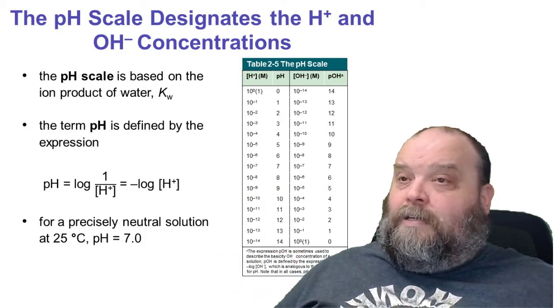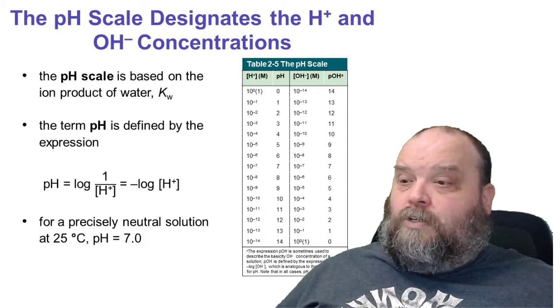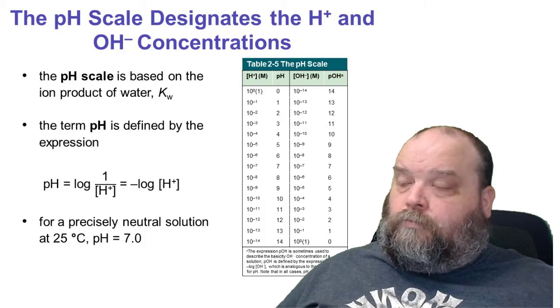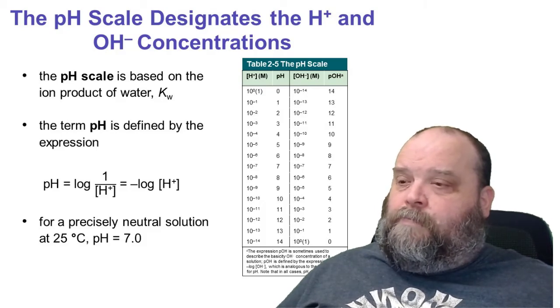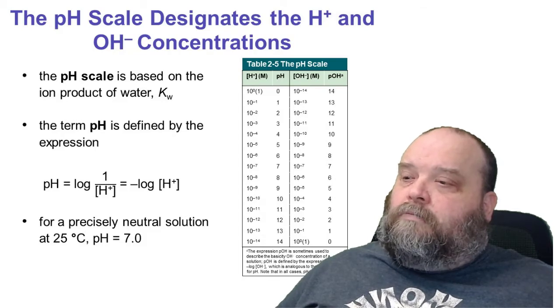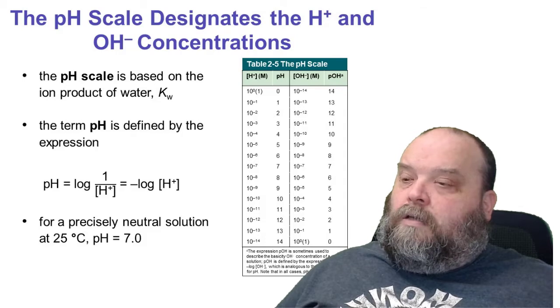So negative log of 10 to the negative 7 moles of H, pH of 7. So the pH scale, as I said, is logarithmic, negative log of hydrogen ions.